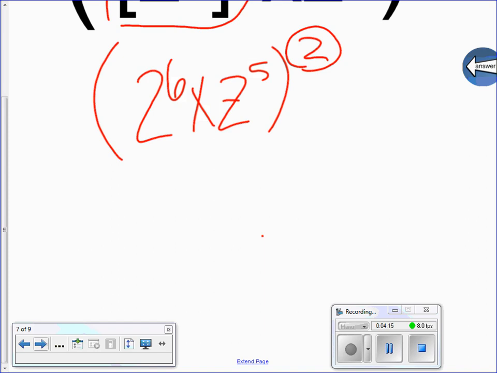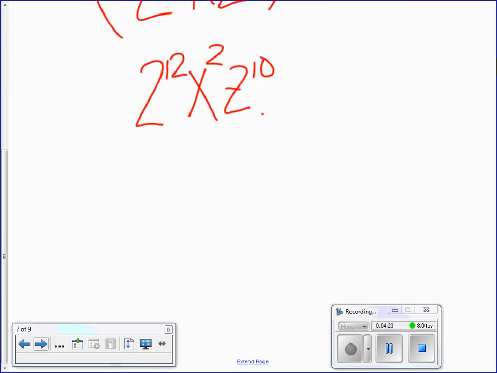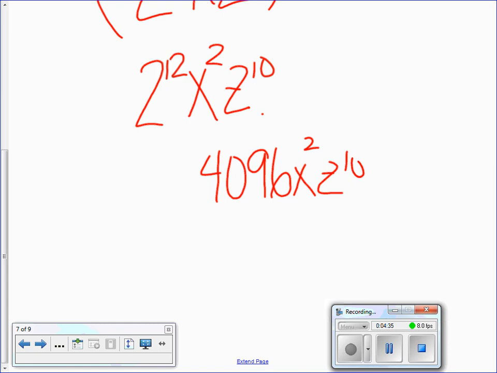So 6 times 2 is 12, x squared z to the 10th. And then we'll change that 2 to the 12th to 4,096 x squared z to the 10th.